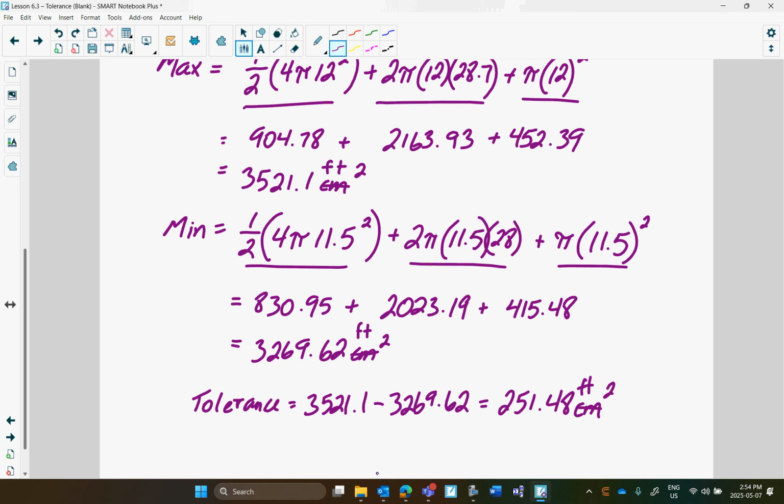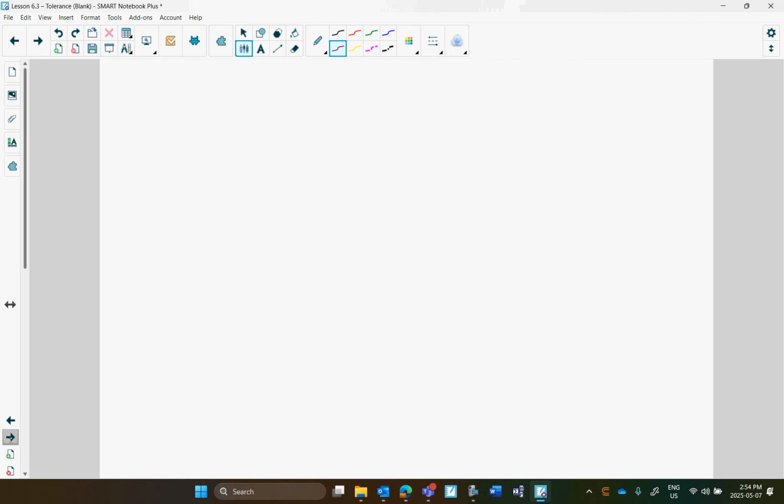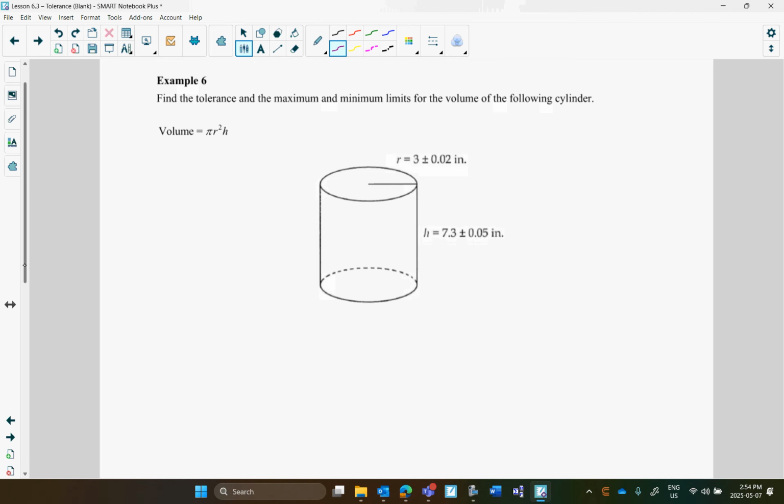So that one's a pretty complicated one. The last one with volume is a little bit easier because it's a much easier form. This is like the most complicated you're gonna see. Again, you're given the volume. So we have to find the max volume, the min volume, and subtract the two.